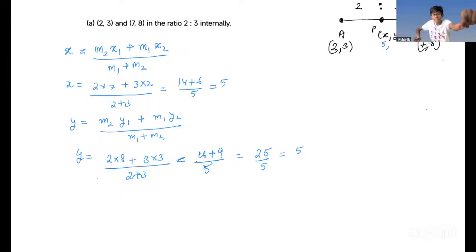So it will become 2 into 8 plus 3 into 3 upon 2 plus 3, which is 16 plus 9 upon 5, so 25 upon 5, which is 5. Sorry, my bad. So the answer will be 4, 5.